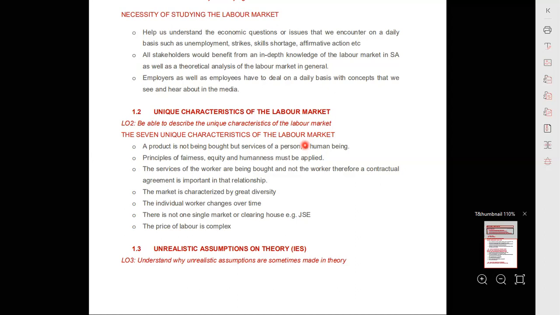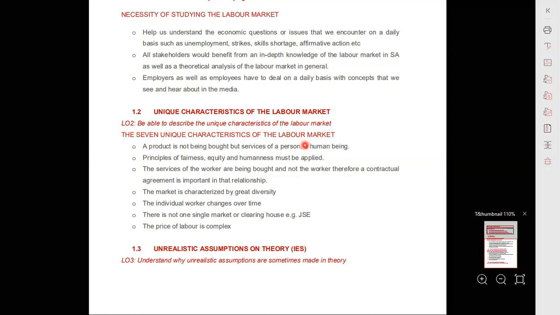Principles of fairness, equity, and humanness must be applied. We should have fairness within the labor market. Within the workplace, there should be fairness, equity, and humanness. Whether you are an employer, you should respect your employee.